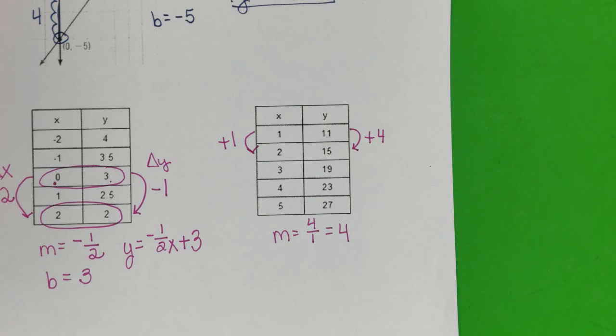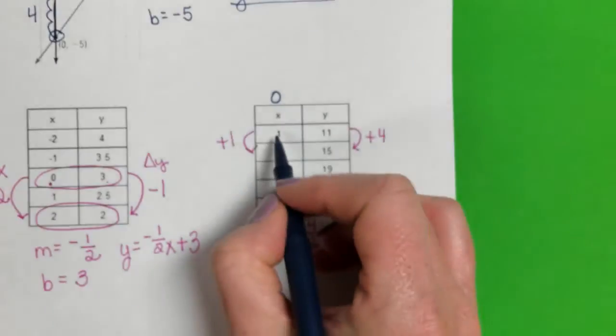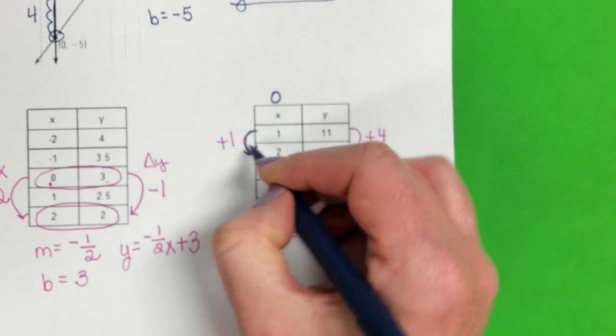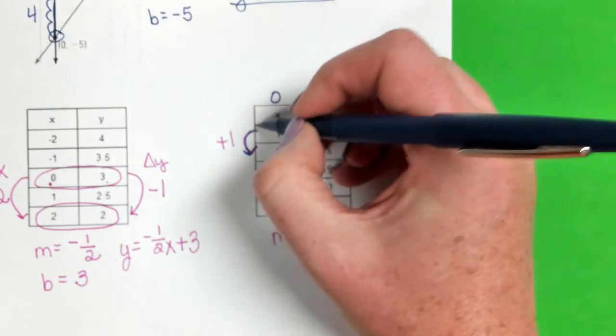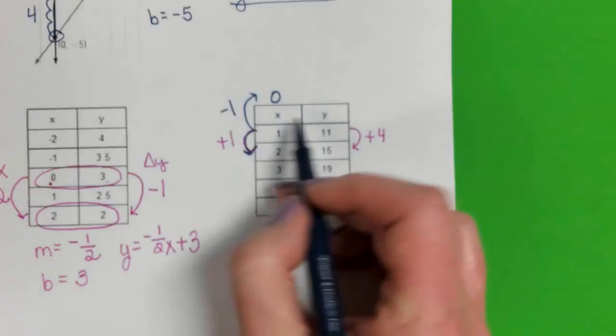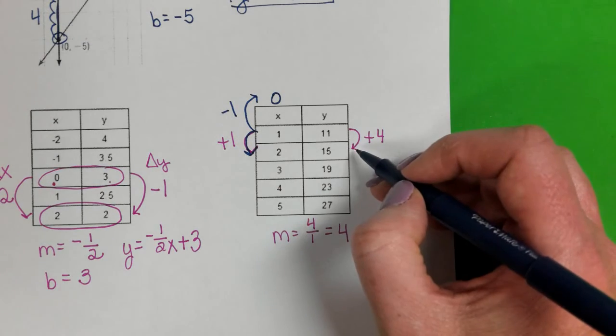Now, to find my y-intercept, we're actually going to work backwards. So we want to work to where x is 0. Well, we already are at x is 1. The pattern going down is to add 1. So if I go backwards, we subtract 1. And that would put me at x is 0. Yes? So same thing with the y's.